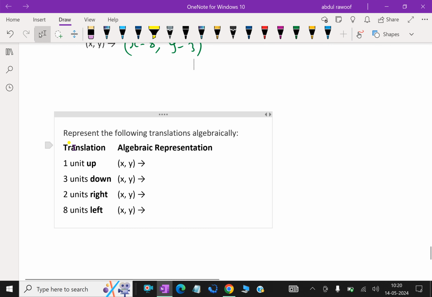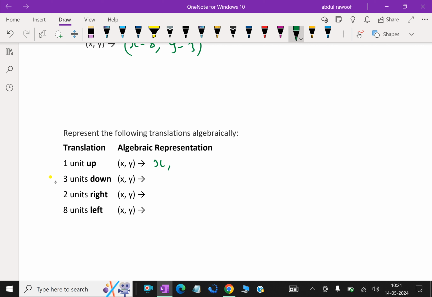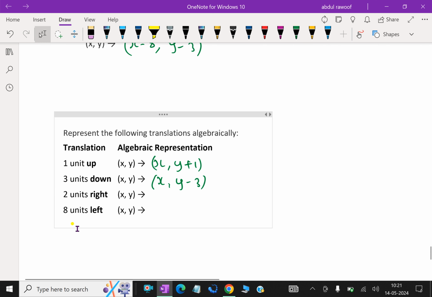Next, represent the following translations algebraically. 1 unit up means x has no change, y becomes y + 1. 3 units down: x stays, and y becomes y - 3. 2 units right means to the right side of x, that is x + 2 and y as it is.